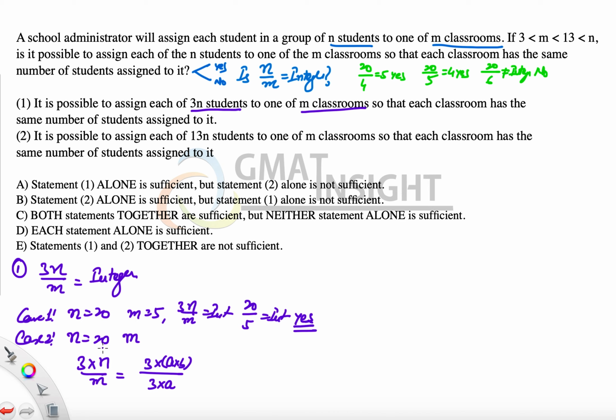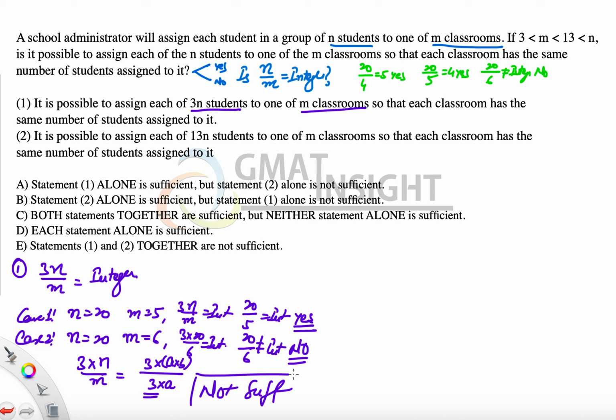So I'm taking n as 20 and m as 6. That means in the denominator I needed to pick a number which was a multiple of 3. By doing so, we see that 3 times 20 is divisible by 6, but 20 is not divisible by 6. The result is not an integer, so the answer to the question is no. And therefore, the first statement is not sufficient.